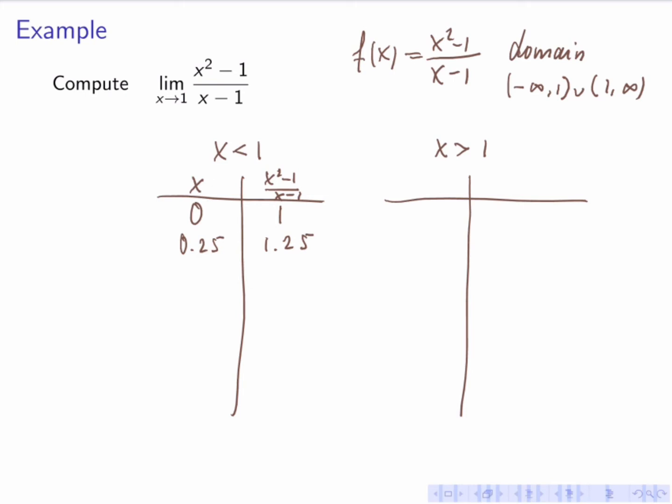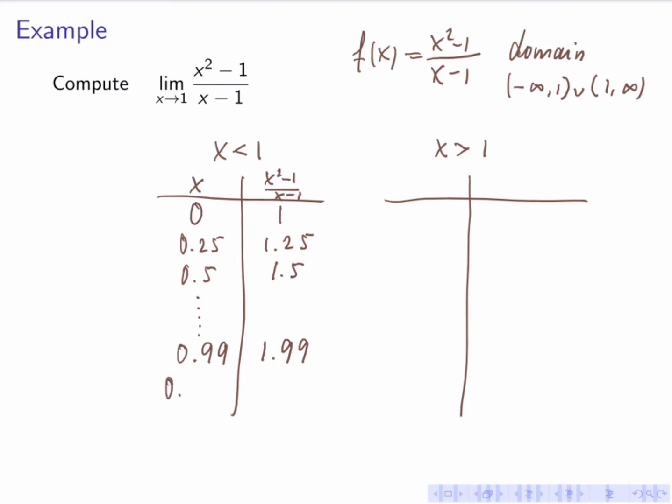I prepared these calculations. You can easily do it on a calculator, and you will get the same numbers. If I put 0.5, I get 1.5. So here on the left, I'm getting closer and closer to the limit value, which is 1. So let's try 0.99. Then here I get 1.99. Oh, so you might get an idea what's happening.